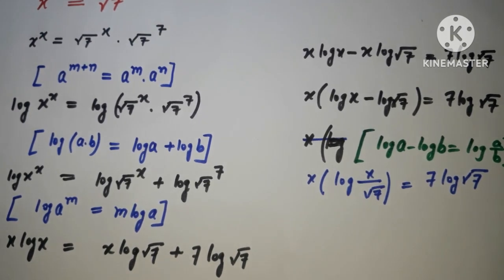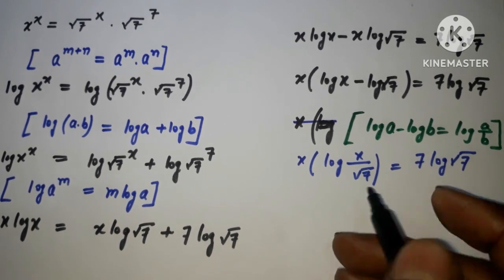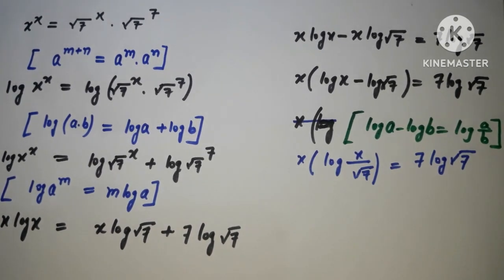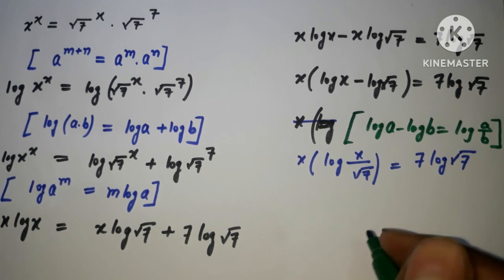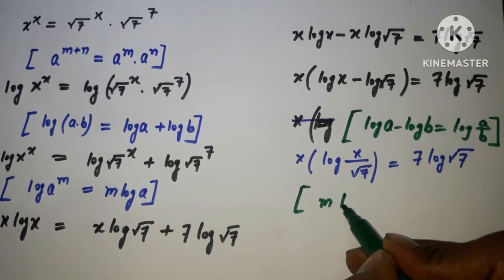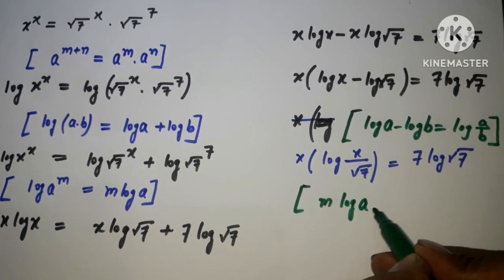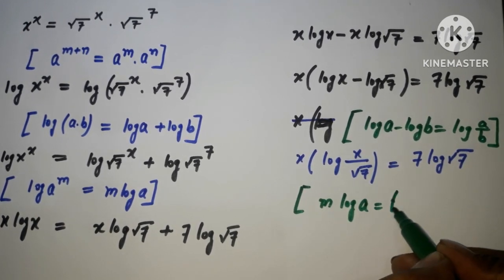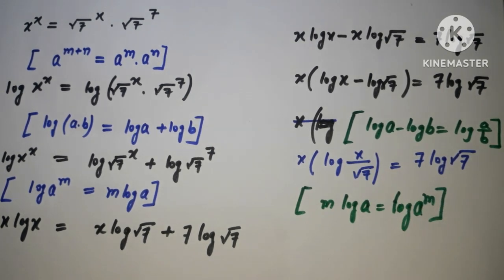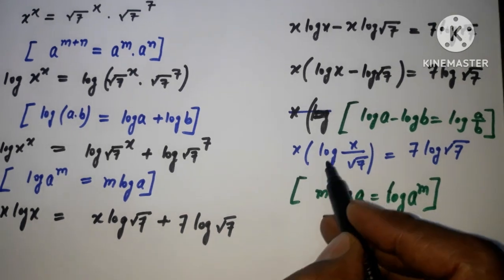And here, if something is there in this form, we have one formula: m into log a can be written as log a to the power m. So I'm going to use this formula to solve this one.